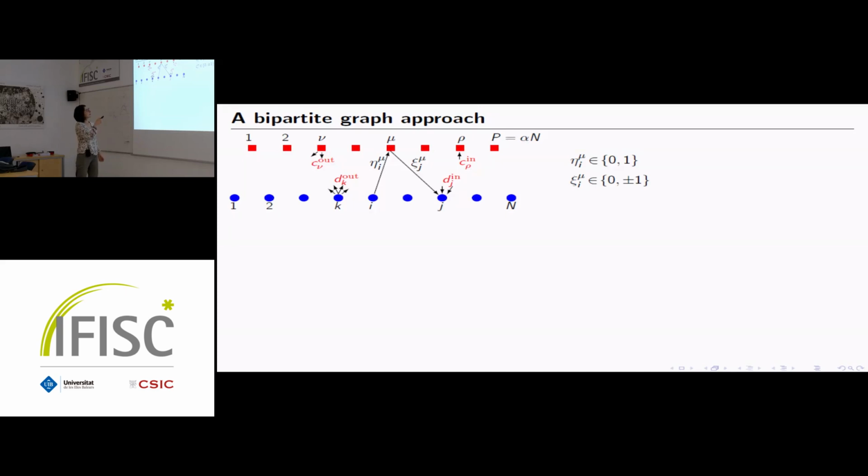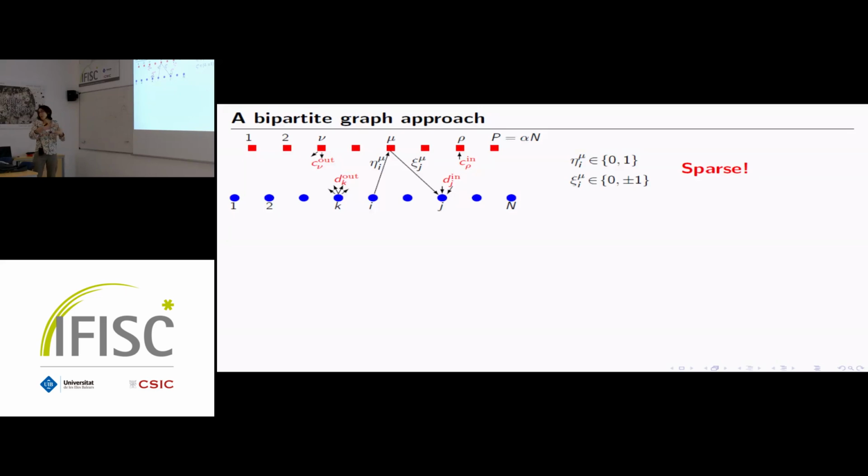This regulation can be excitatory, inhibitory, or absent. So this is a bipartite graph, which is sparse because lots of links are 0 here. And of course, you can characterize its structure in terms of in and out degree of transcription factors and genes.